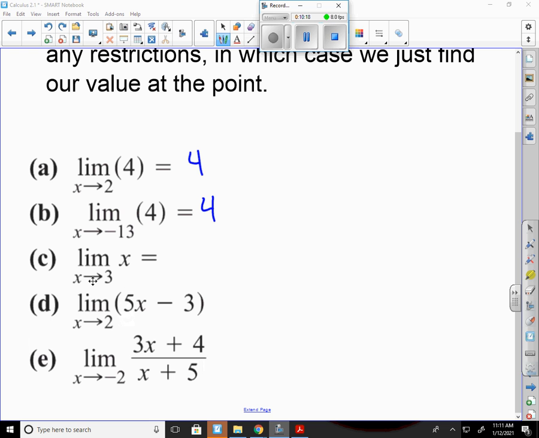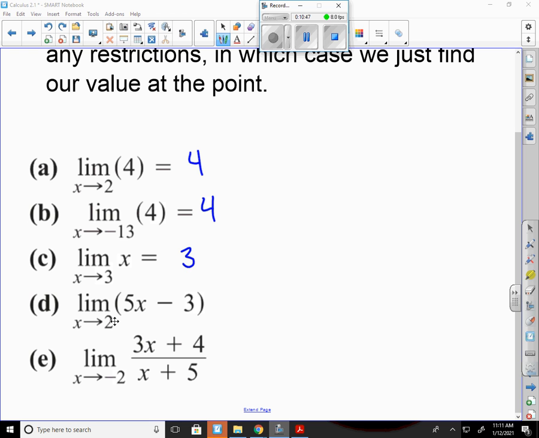Then if we look at the limit as x approaches 3 of x, x is our function. In this case, there's nothing that would stop x as it approaches 3. If I just plugged a 3 in, it wouldn't give me anything in the denominator that I couldn't divide. So this would just be plugging 3 into the equation, which gives us 3.